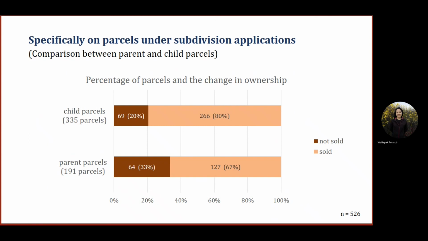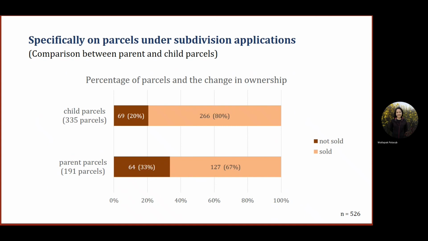The lower bar represents the lands classified as parent parcels, the original parcel that still remains there. It looks like a higher percentage of child parcels had their ownership change: 80% compared to 67% for parent parcels. So new parcels created after the subdivision application was approved are more likely to have a change in ownership.